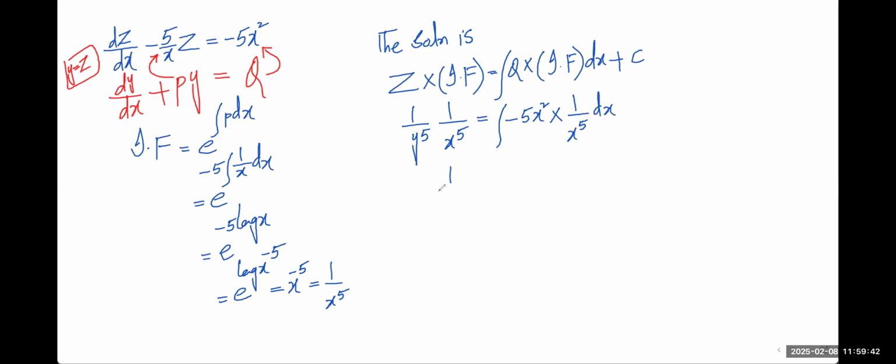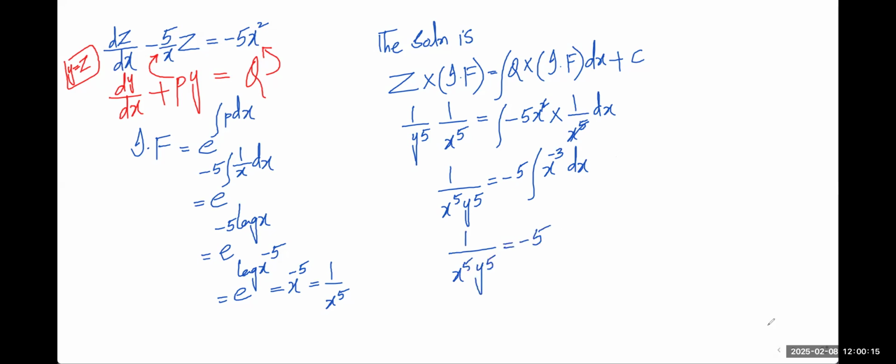Together, I can write it as 1 by x power 5 y power 5 is equal to minus 5, a constant, take it out, x square, one term cancels with this. So I get 1 by x cube, which can be written as x power minus 3, into dx. 1 by x power 5 y power 5 is equal to minus 5 as it is.